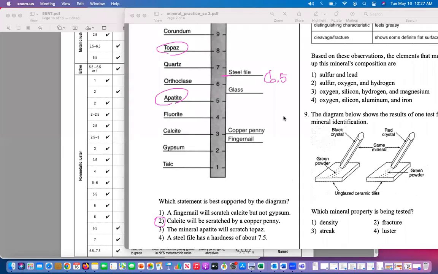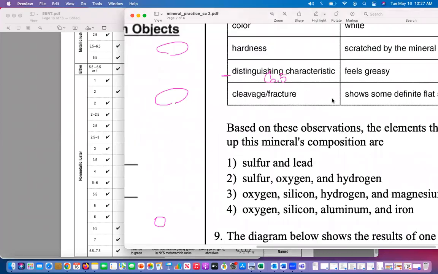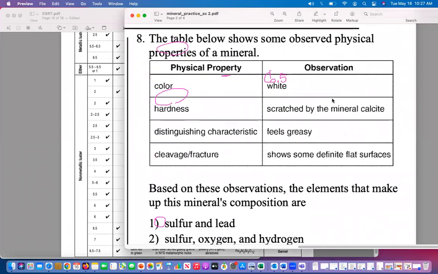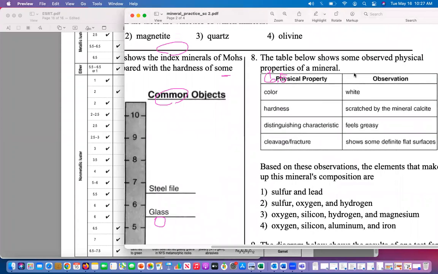All right. Now for number 8. Let me zoom out a little bit. All right. So number 8 says, the table below shows some observed physical property of a mineral, gives the color, hardness, distinguishing characteristics, cleavage, and fracture.